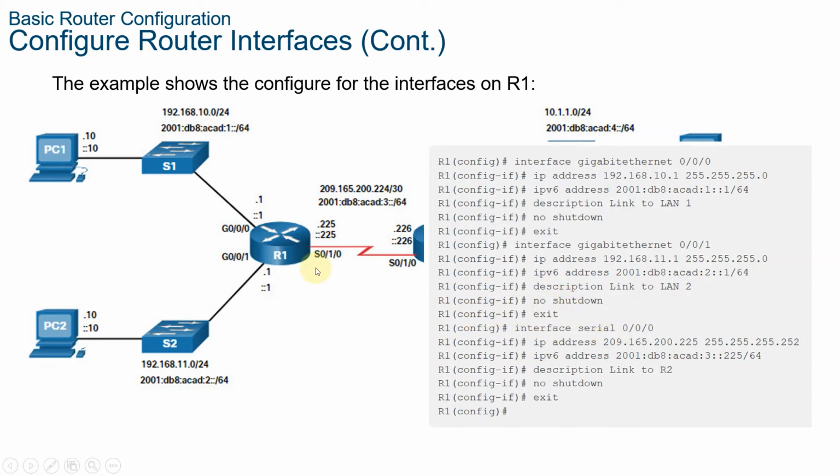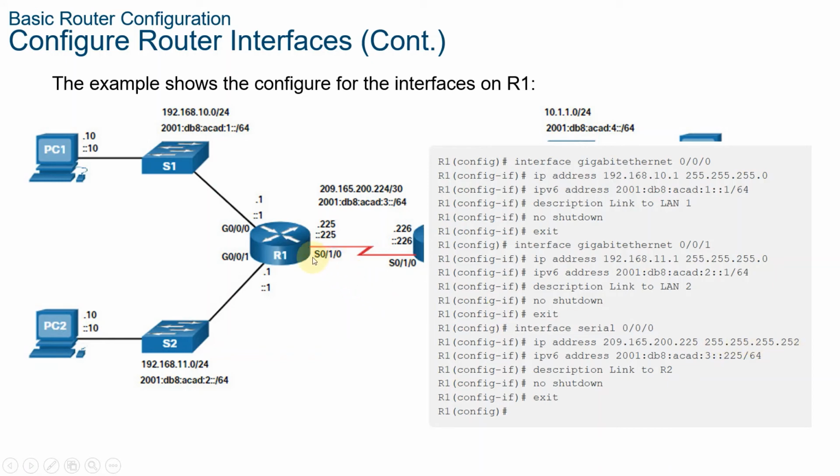Same thing with serial 0/0/0 here. On this example, it's serial 0/1/0, so there must be some error on this topology here. But assuming that this is serial 0/0/0, the IP address is 209.165.200.225, that's last 30, that is 255.255.255.252.